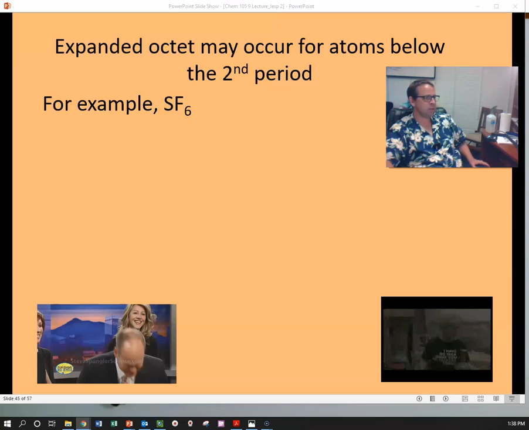Nikki, can you think of another reason why we knew fluorine wasn't going to be a central atom? Because it is more electronegative. Very good. Fluorine's more electronegative. And specifically with this expanded octet model, what's wrong with fluorine in terms of an expanded octet, Precious?